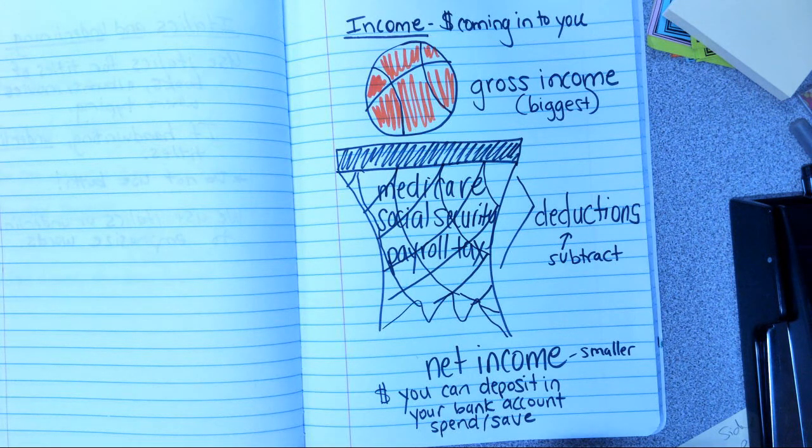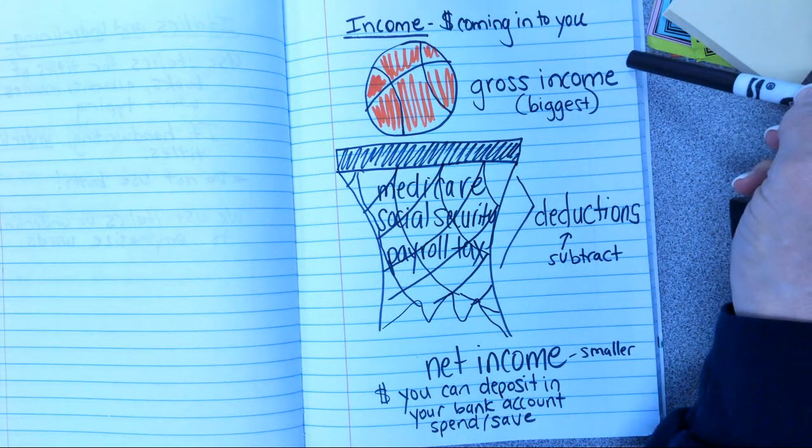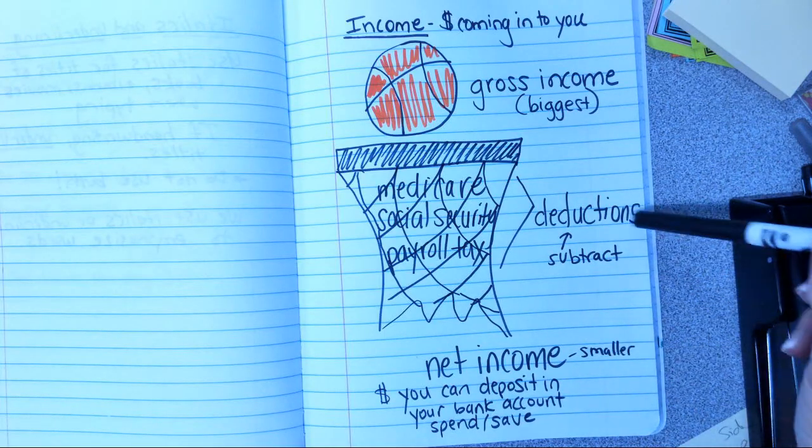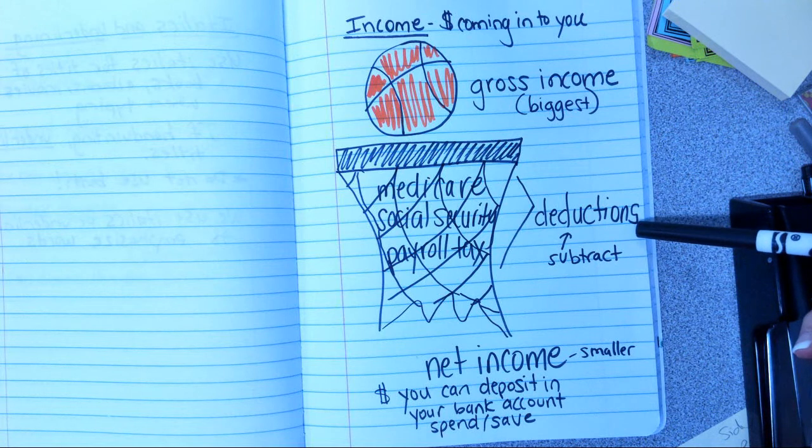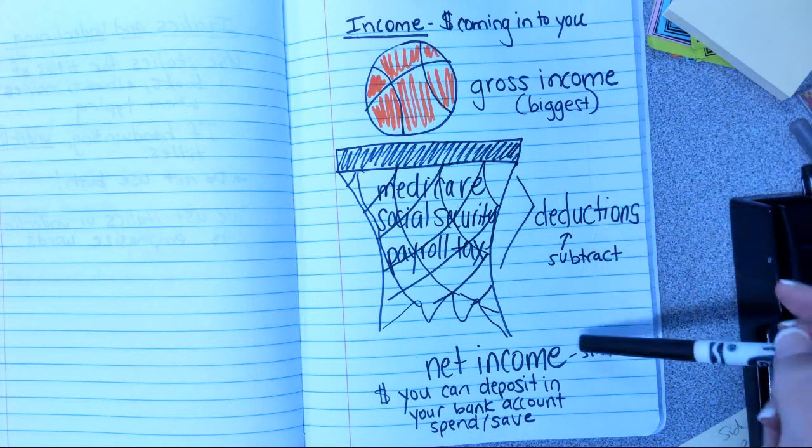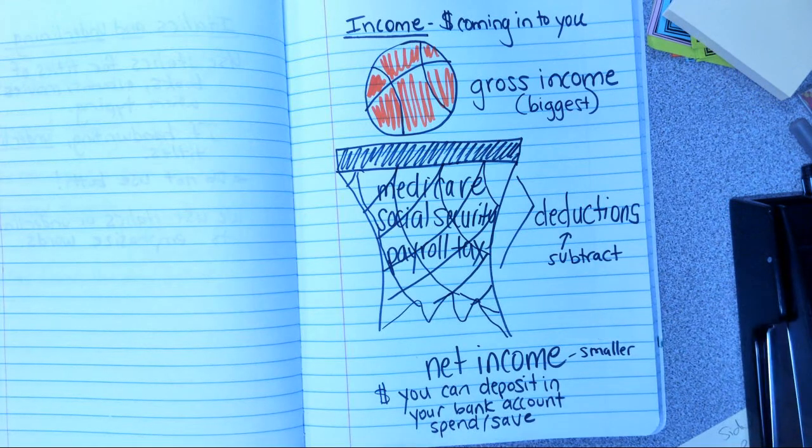As fifth graders, you have to recognize terms like gross income, net income, and deductions. And today we're going to get to practice doing some calculations, adding and subtracting to find some of these missing pieces.